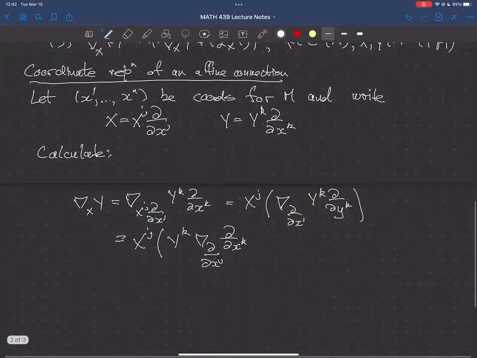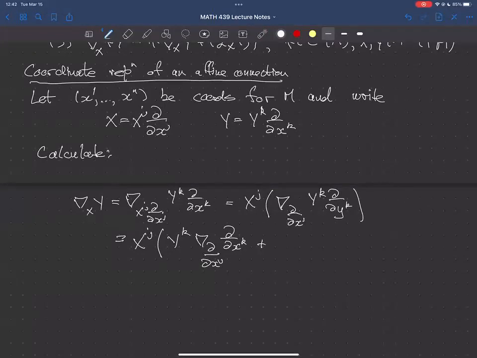Let me just stop talking about it and do it. Differentiating Y^k with respect to d/dx^j gives me dY^k/dx^j, and then it's d/dx^k. So that's literally just an application of the rules of how you manipulate affine connections.